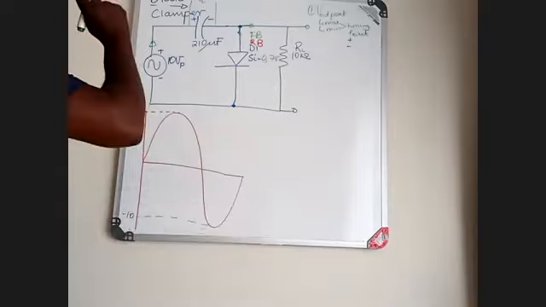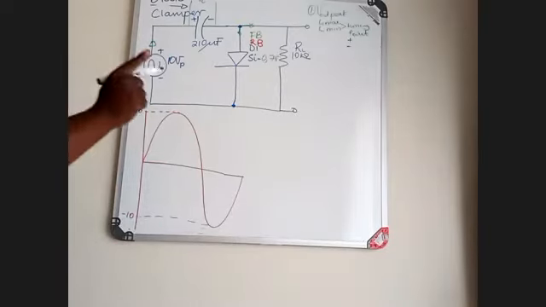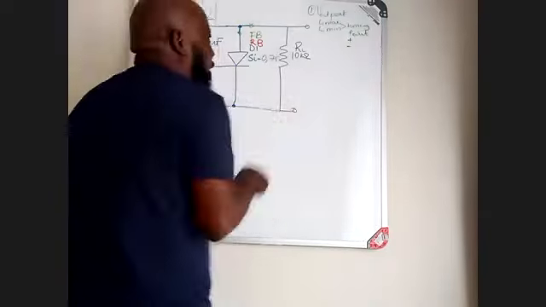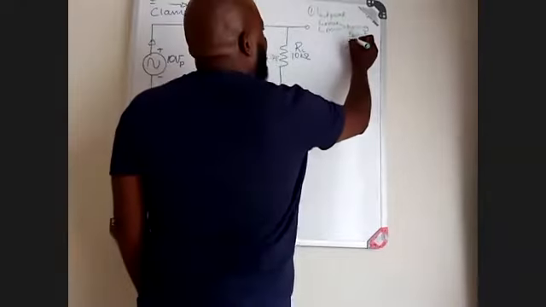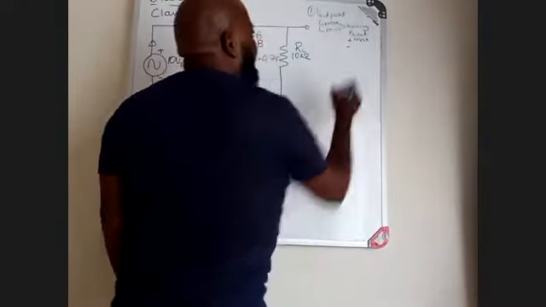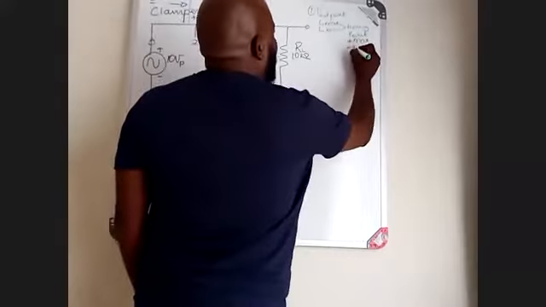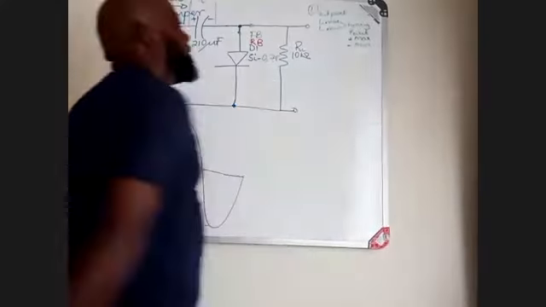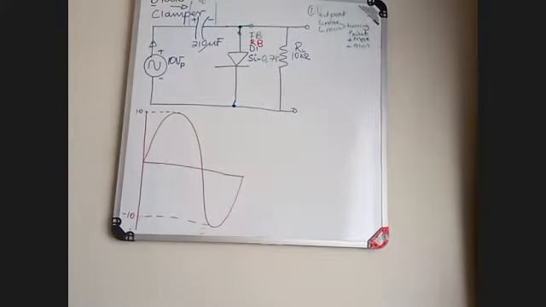Turning positively, that is your maximum turning point. Negatively, that is your minimum turning point. That is the first condition that needs to happen.